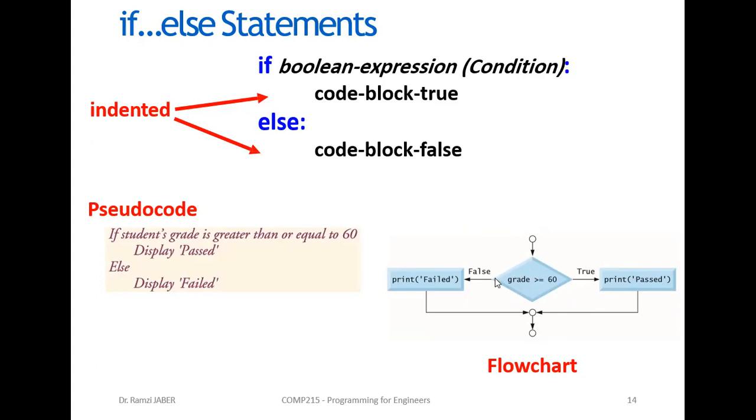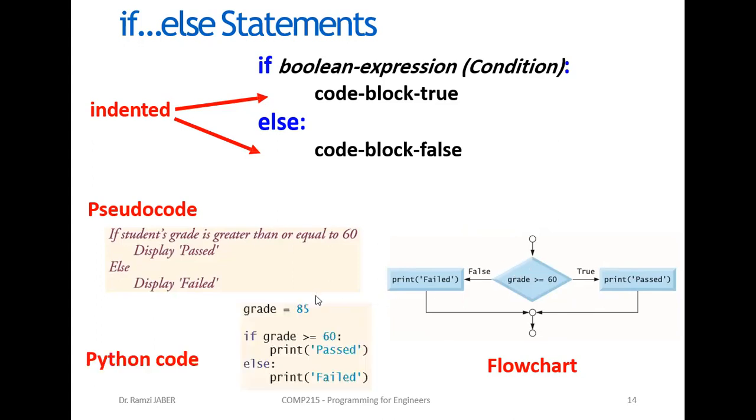If I want to convert it to Python, it will be like this. Grade equals 85, no semicolon, no colon. If grade bigger than or equal to 60, colon, enter, tab, print passed, no semicolon, nothing at the end. Enter without tab. Else must be aligned under the if. Else, colon, don't forget this colon here and here.